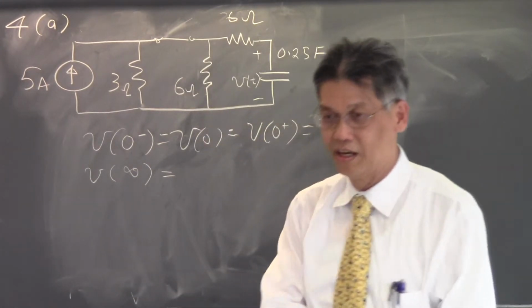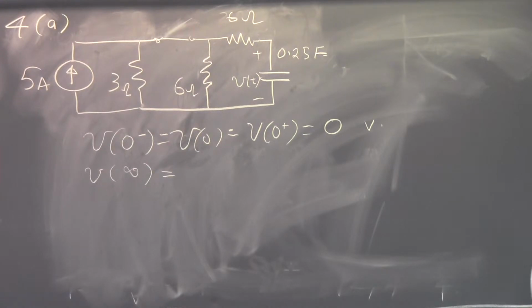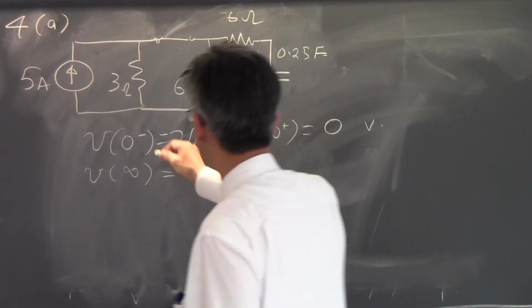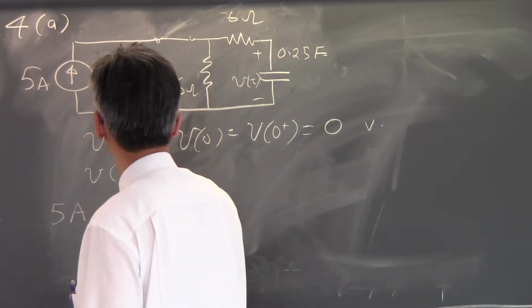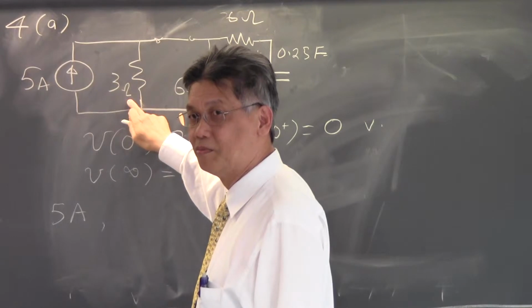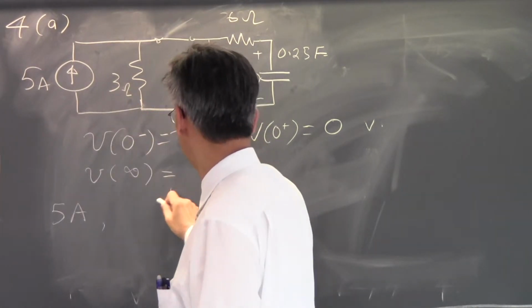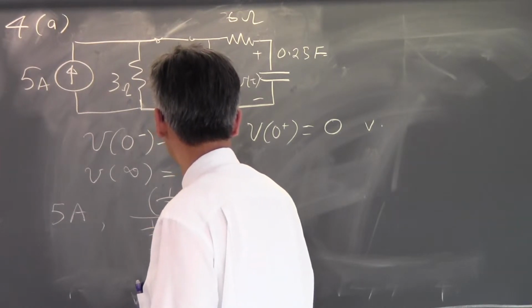You can use the current divider formula, or you can use a parallel connection and combine them into one thing. If you use the current divider formula, more current will go through the 3 ohm resistor. With the current divider formula, you will have something like this.